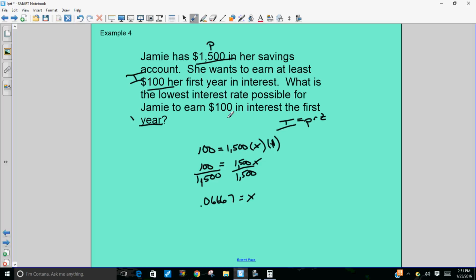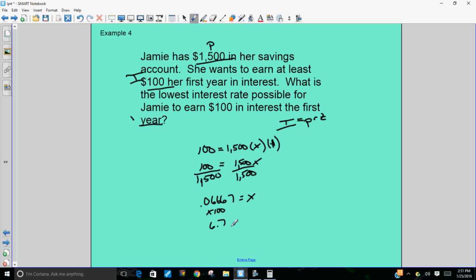Now remember, interest rates, I gotta have them as a percent. So when I was changing a percent to an interest rate, I divide it by 100. Well, if I need to change a decimal to a percentage, I do the opposite and I multiply by 100. Okay, so this gives me 6 point 66667.